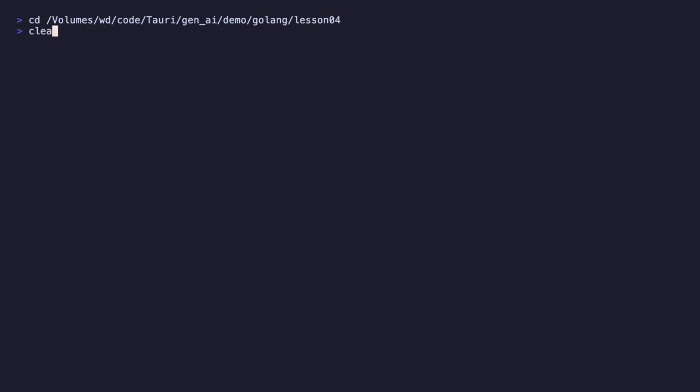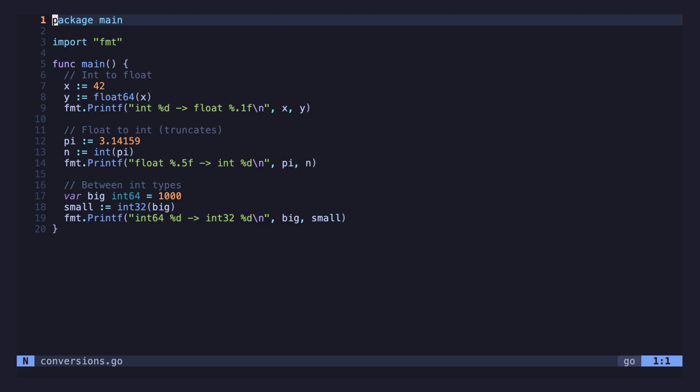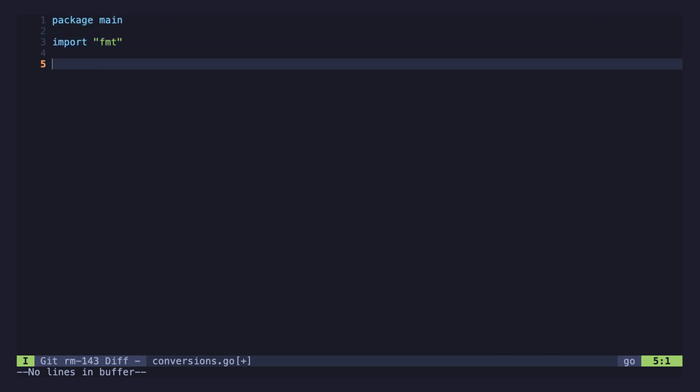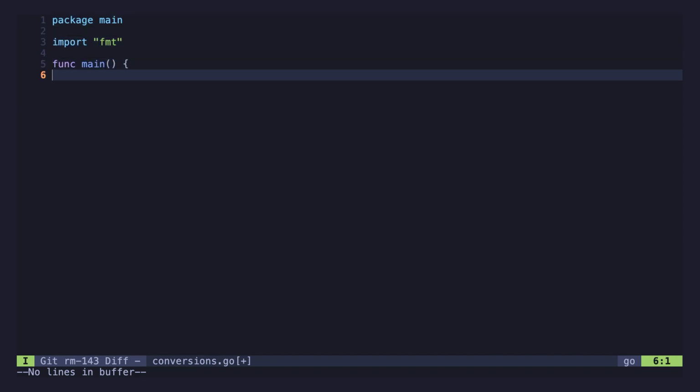Go requires explicit type conversions between numeric types. To convert into float, wrap the value with float64.